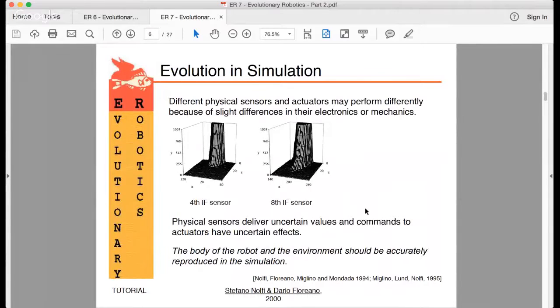Last week, we stopped at this slide, which is evolution in simulation. And we talked about the reality gap, because most of the time, researchers will implement robots in simulation, and then they will try to evolve these robots in simulation, and they will work fine.